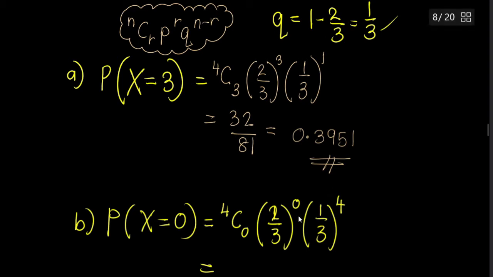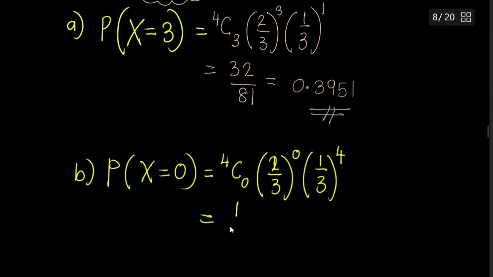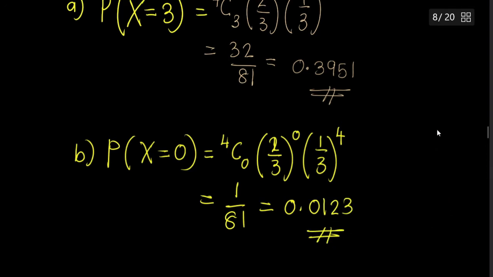I get 1 over 81. Hope you all also get the same. You can also write in decimal. So we are done with this kind of question. This kind of question is easy. All you need to do is find the information correctly.